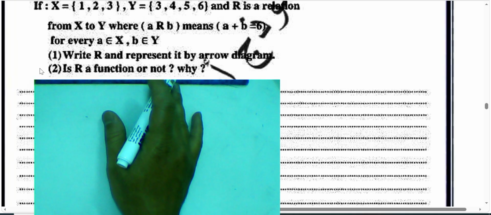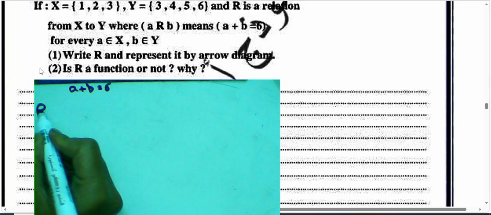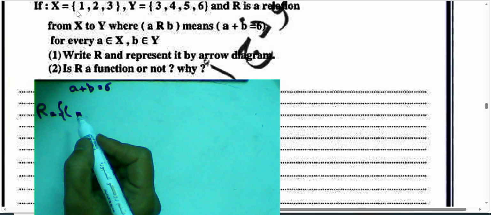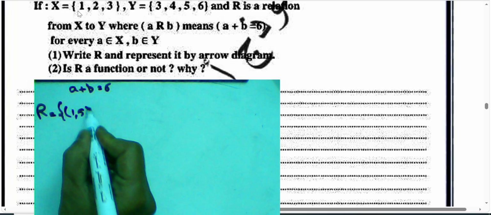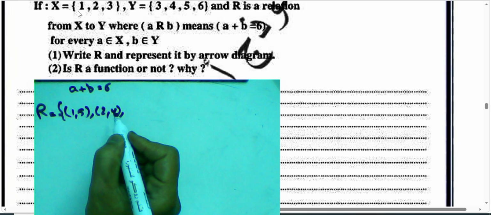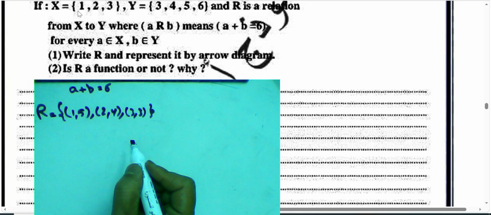Next question. We have x and y, and a relation between x and y, meaning a plus b equals 6. With this relation, we can find the ordered pairs: 1 with 5 equals 6, 2 with 4 equals 6, and 3 with 3 equals 6.